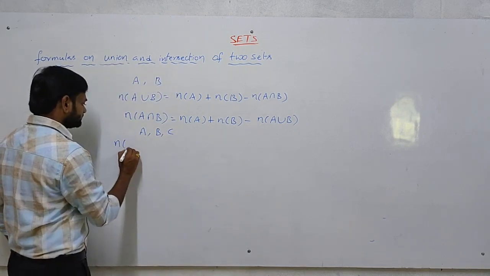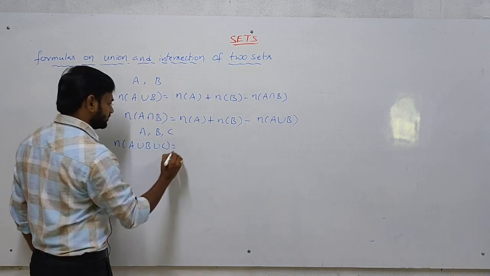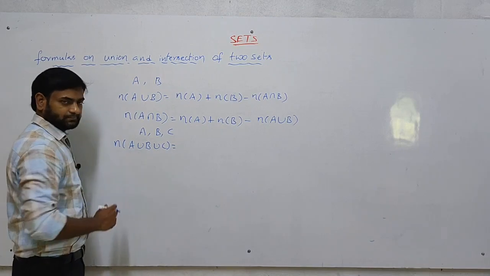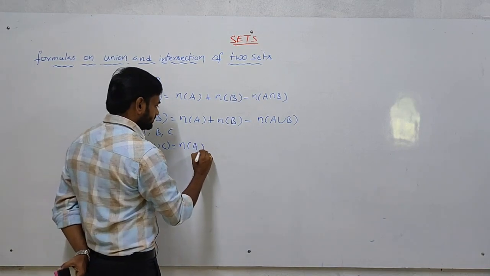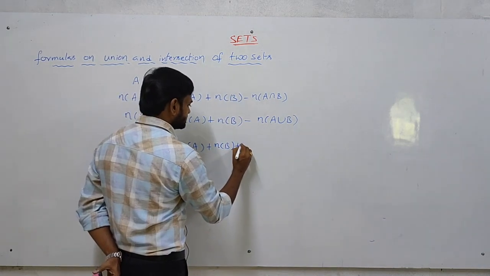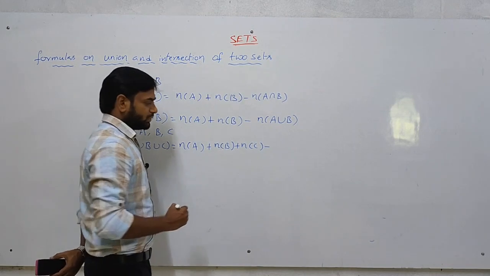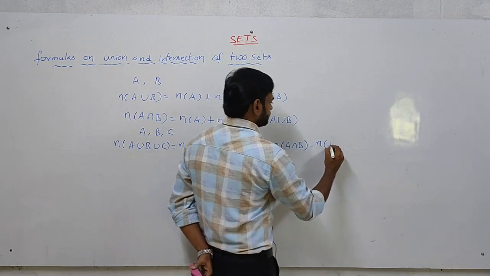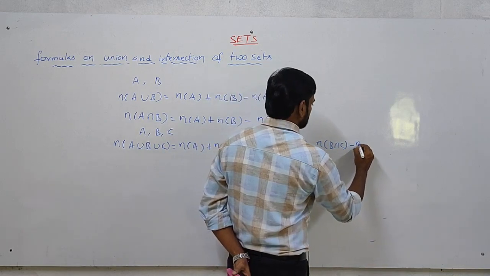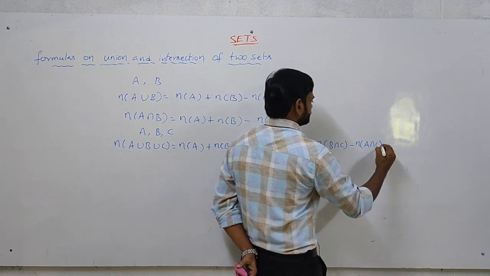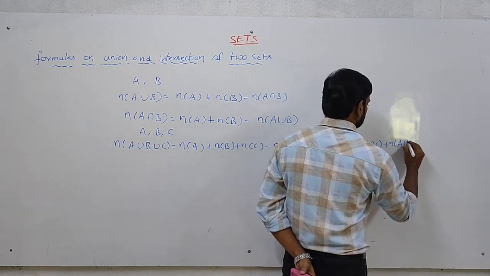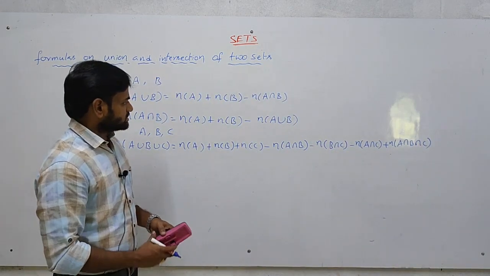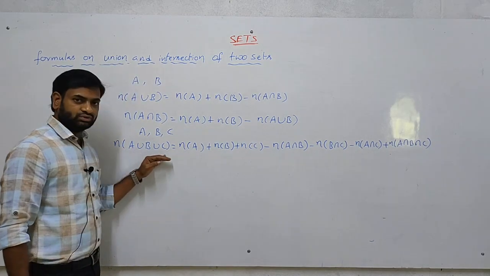Now n of A union B union C, that means number of elements in A union B union C, is equal to n of A plus n of B plus n of C minus n of A intersection B minus n of B intersection C minus n of A intersection C plus n of A intersection B intersection C. This is the formula for n of A union B union C.